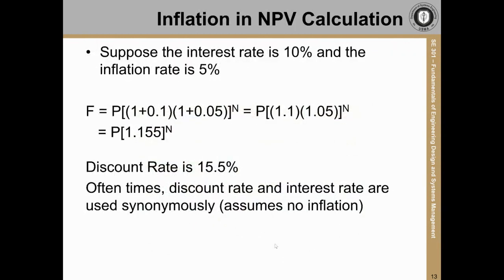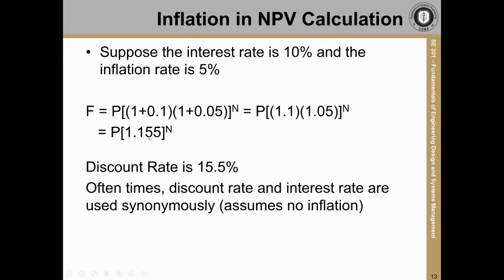So the equations get modified just slightly when you're taking into account your inflation rate. Going with an example, suppose the interest rate is 10% and the inflation rate is 5%. What you do is that 1 plus i term becomes 1 plus your interest rate times 1 plus your inflation rate. So you have your 10% interest rate, 5% inflation rate, 1.1 times 1.05, you multiply that together, 1.155.